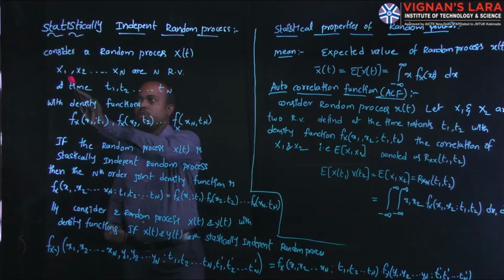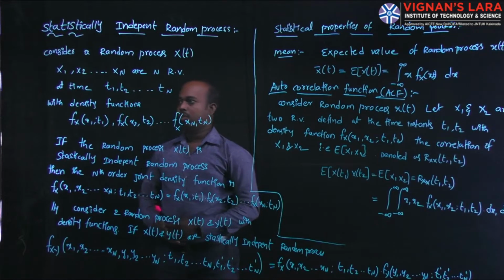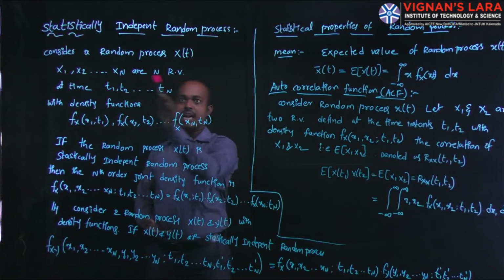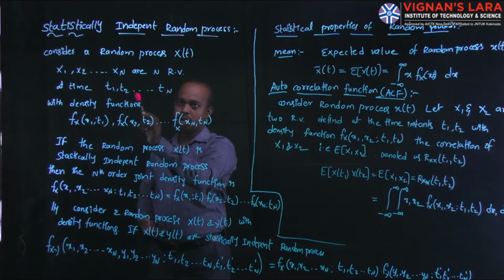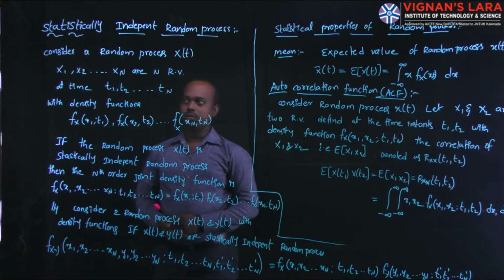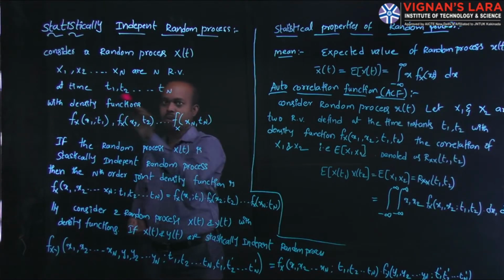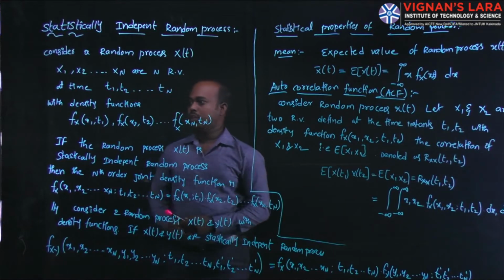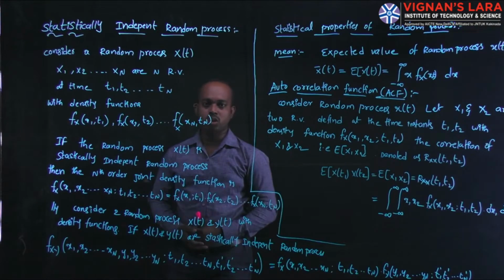The random variables x1, x2 and so on up to xn are n random variables, defined at times t1, t2 and so on up to tn. Then we write the combination of random variable and time parameter with the density functions.